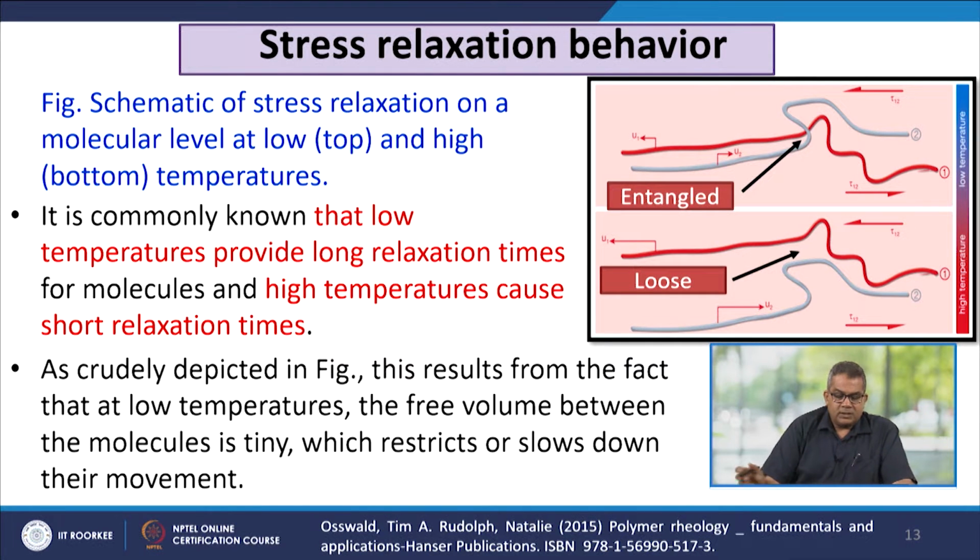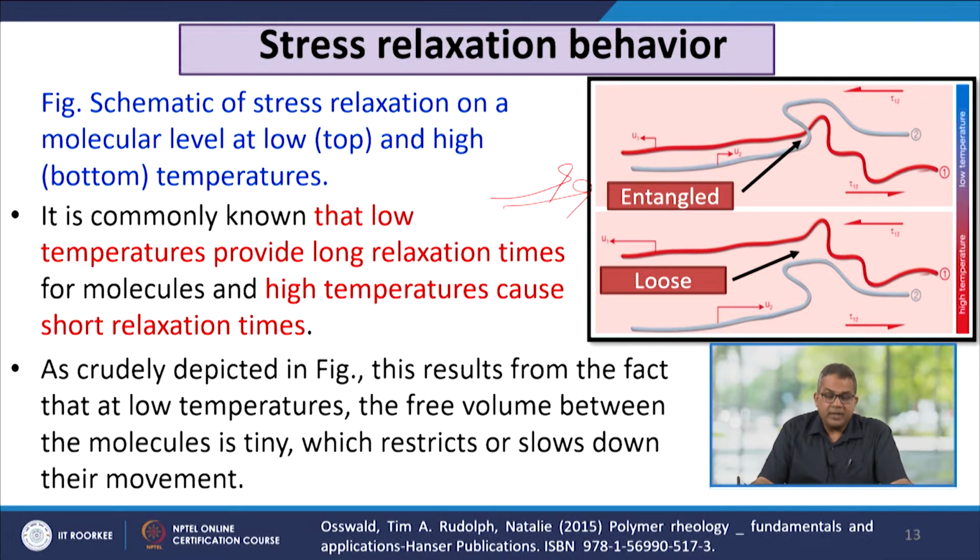Now, this is the schematic stress relaxation on the molecular level at low (top) and high (bottom) temperature. It is commonly known that low temperature provides a long relaxation time for molecules and high temperature causes a short relaxation time, as crudely depicted in the form of entangled or loose chains.